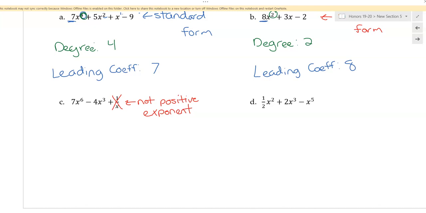So you can't have anything where like the x is in the fraction. So this is not a polynomial. So we can't do anything with that one.